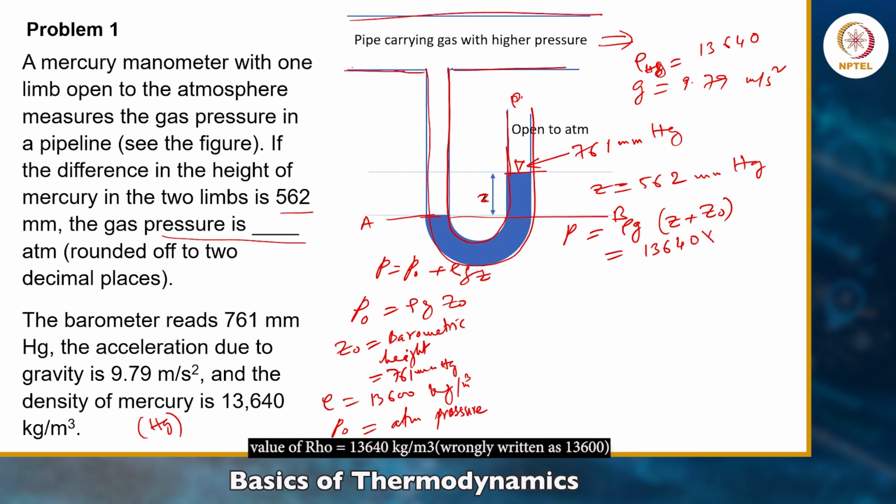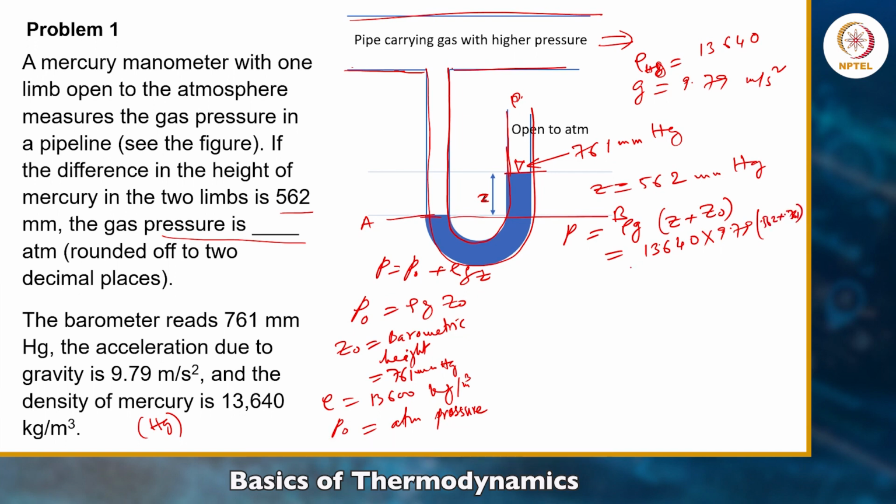Now P is rho g (z plus z0), so that becomes 13640 into 9.79 into (0.562 plus 0.761), so this is becoming 177 times 10 power 3 Newton per meter square. Now Newton I got, now I want to get the result in atmospheric. So you have to convert it. So it will be like 177 kPa.